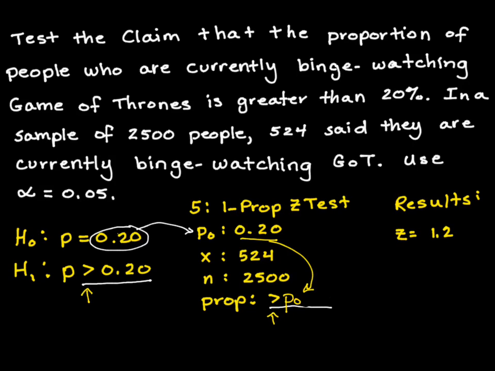All right, so what are the results? I get a test statistic, z equals 1.2. It also gives me a p-value. We haven't talked about p-values yet, so I'm leaving that out. So my test statistic is 1.2, and that's how I find the test statistic.